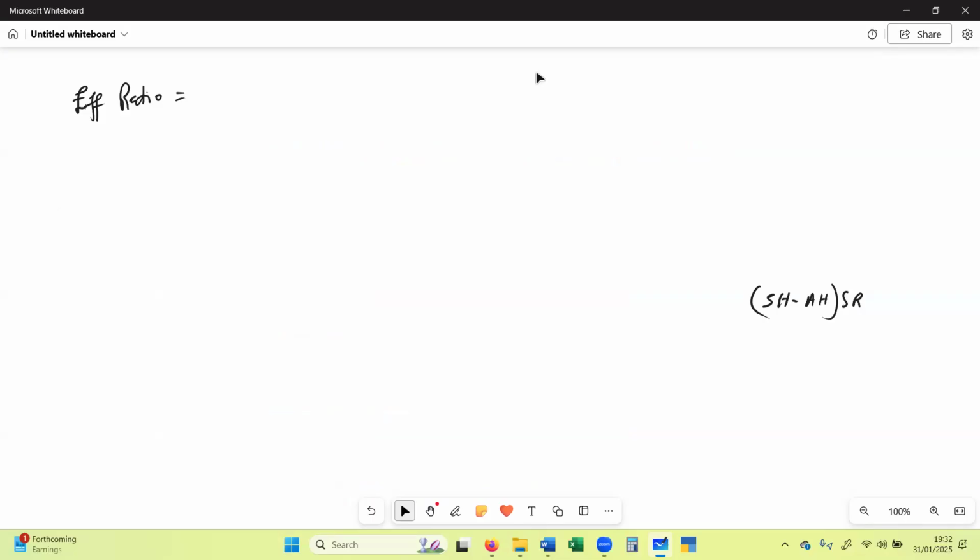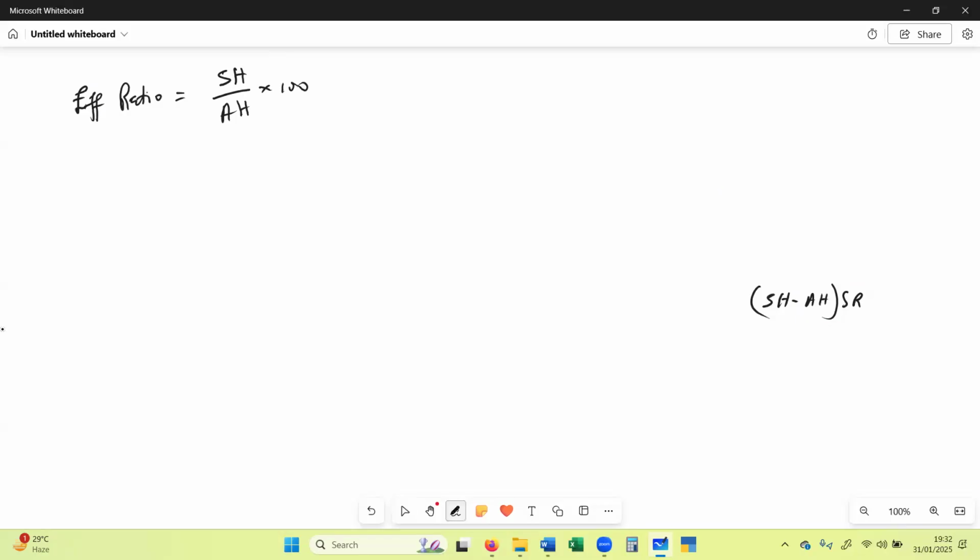Yes. All right. So you remember this, that the efficiency ratio, this is how we ascertain it. If you want the ratio, it is very simple: standard hours over actual hours, then you multiply by 100.